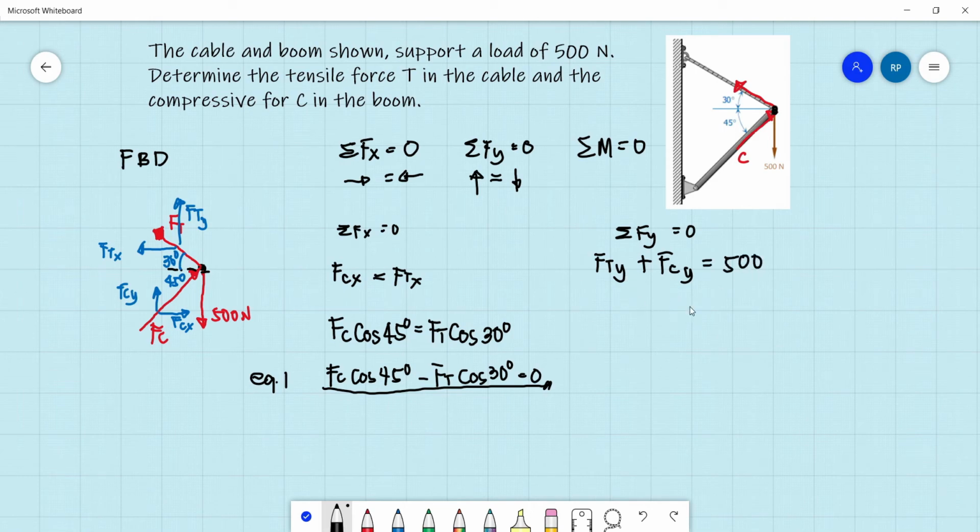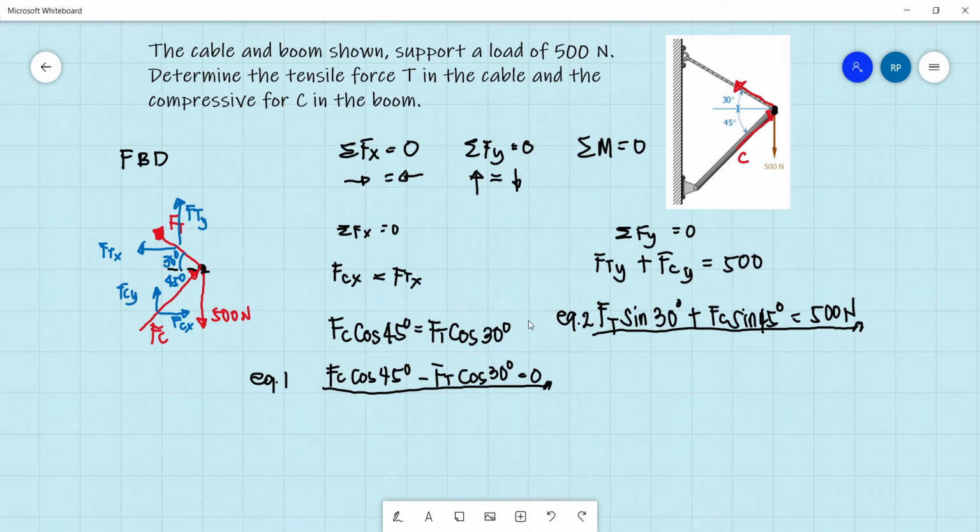Simplifying further, Ft sine of 30 degrees plus Fc sine of 45 degrees is just equal to our 500 newton load. So basically, we have our second equation.